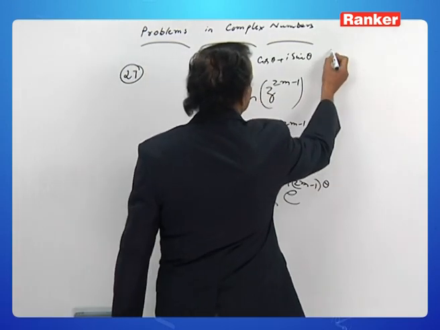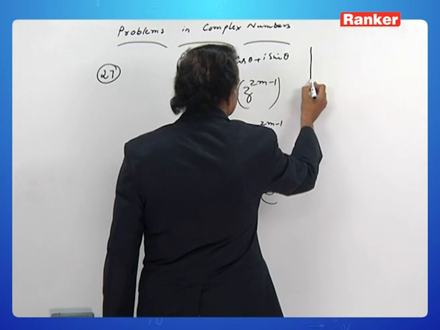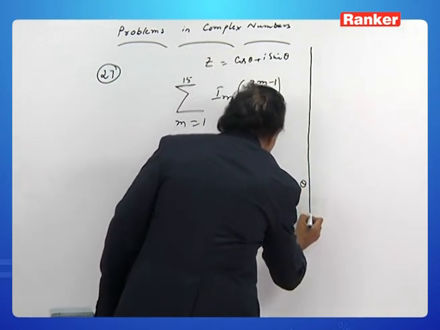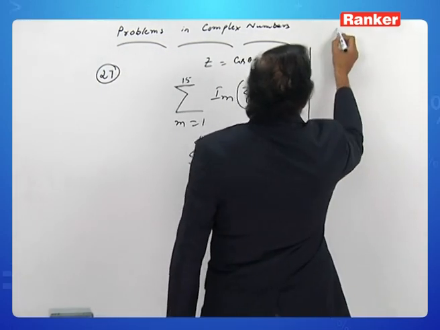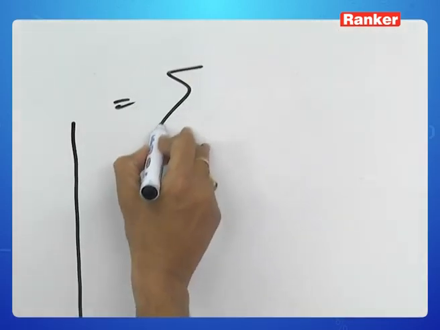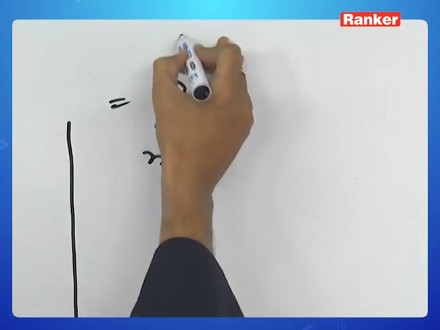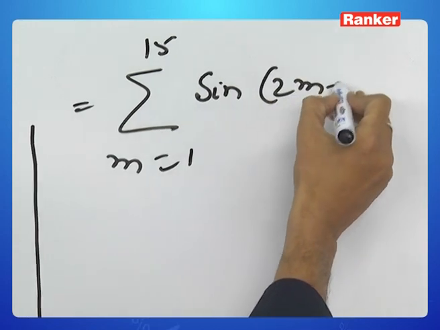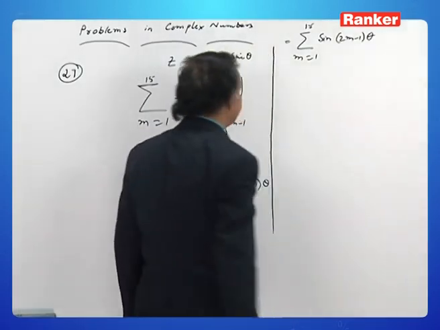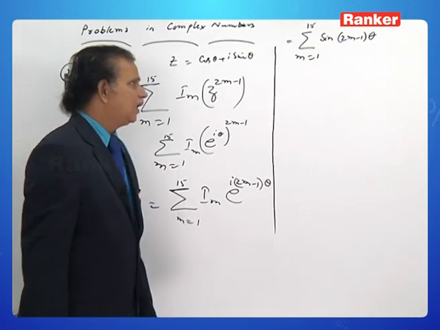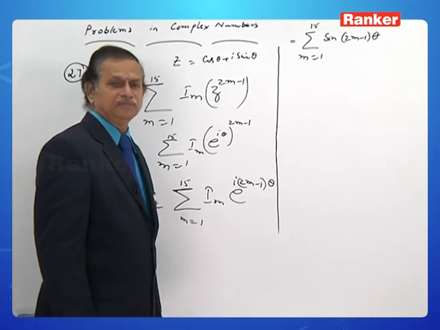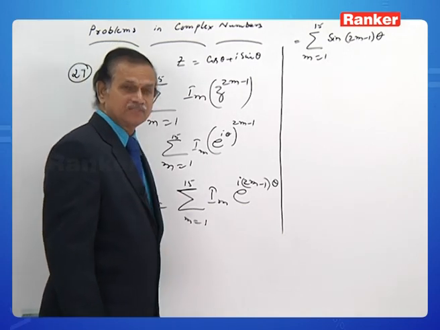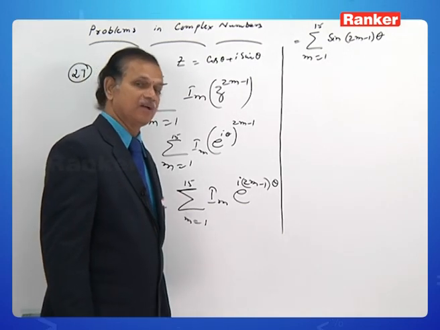Therefore, sigma m is equal to 1 to 15 of sin of (2m minus 1) into theta. We know that 2m minus 1 is an odd number for any natural number m, and in the place of m we are supposed to substitute 1, 2, 3 etc. up to 15.